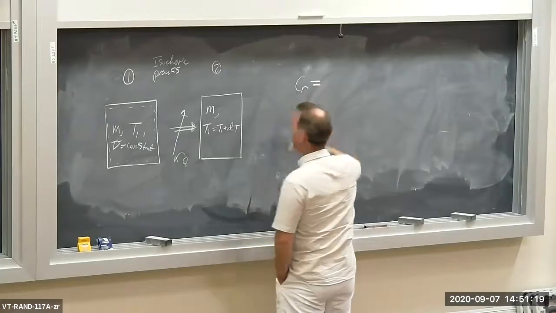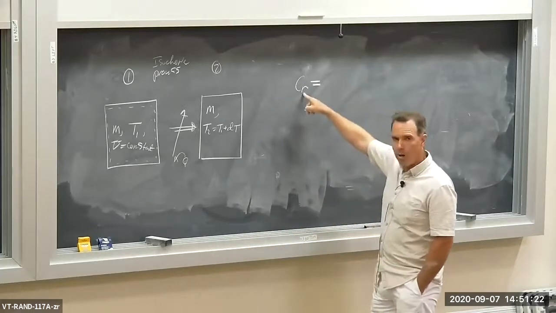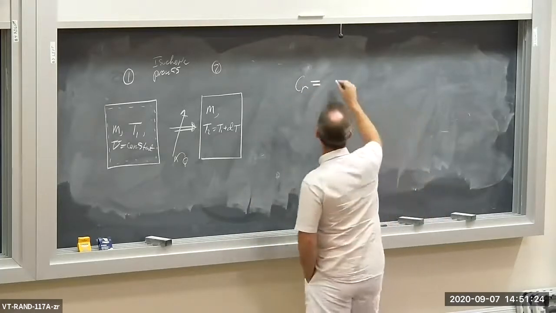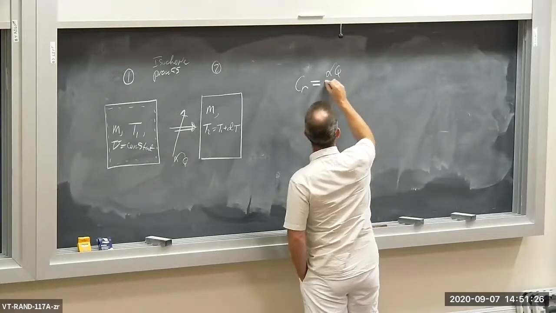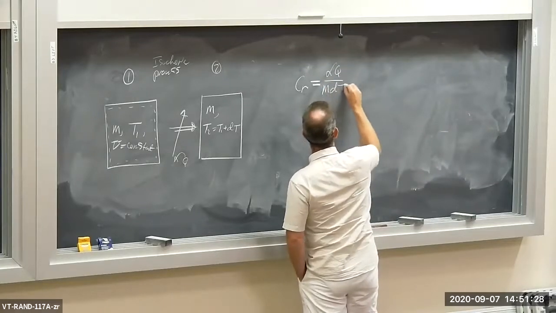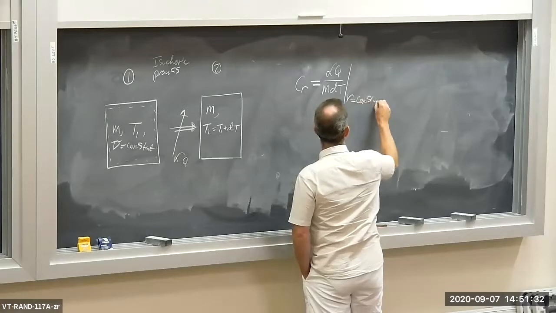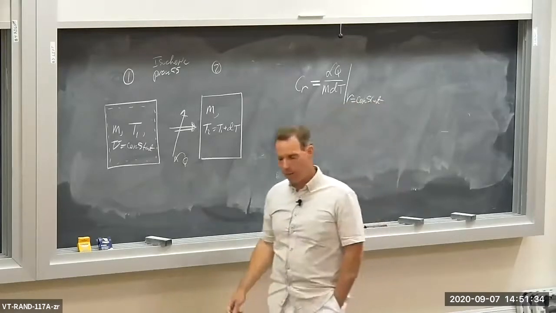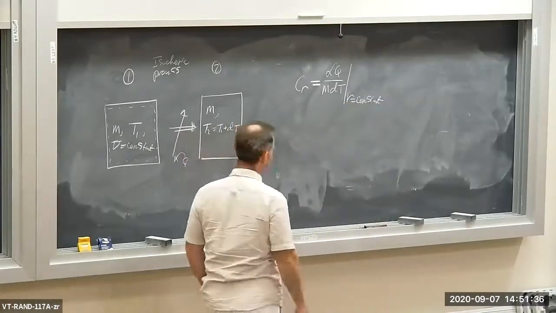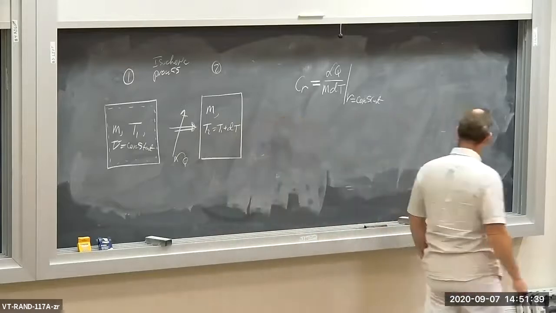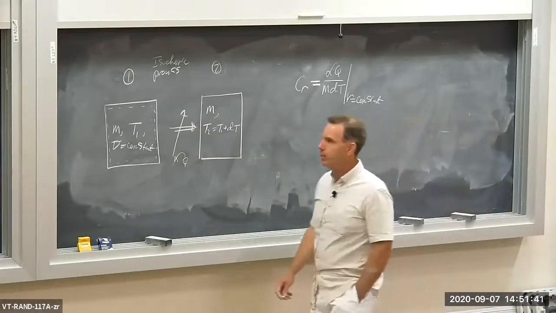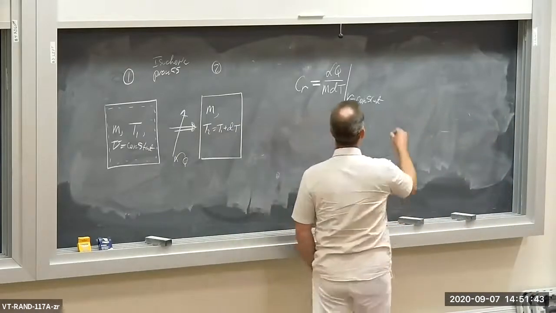Cv, constant volume, not constant pressure. Cv is equal to del Q over m dT for a constant volume process. Specific heat at constant volume.